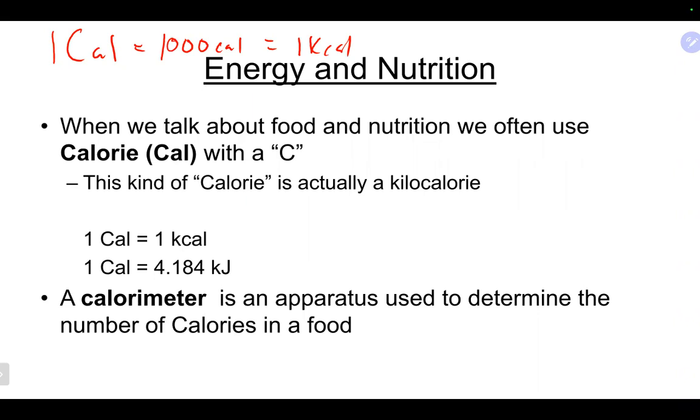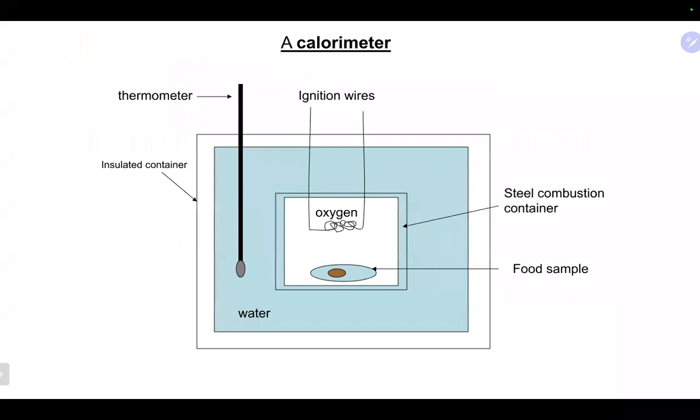A calorimeter is like the apparatus we're using today in lab, and in general, it is a system or apparatus that you can use to measure the amount of heat and energy given off. One way you can do that is through a calorimeter such as this, sometimes referred to as a bomb calorimeter, because basically you set the thing on fire.